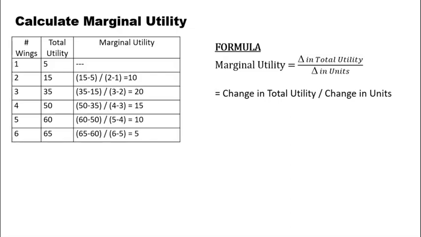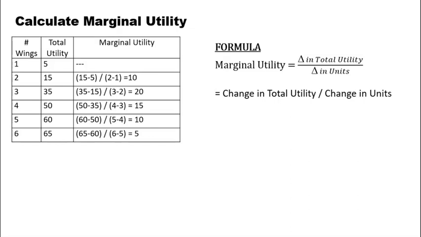Here are your answers for the rest of this chart. As you can see, 3 wings would be our most preferred because we get the highest marginal utility of 20 out of these. And then we decrease once again.